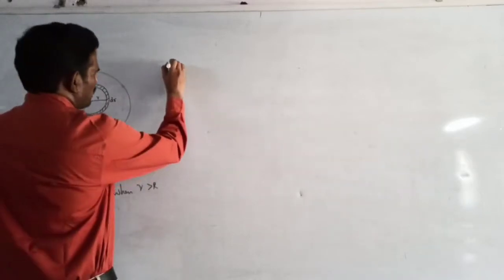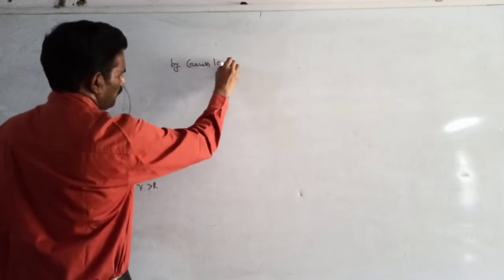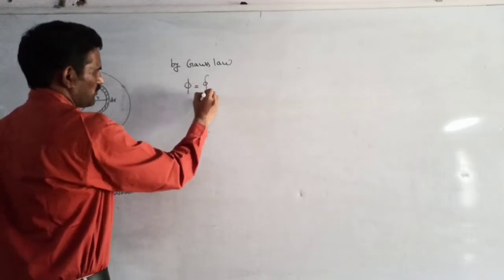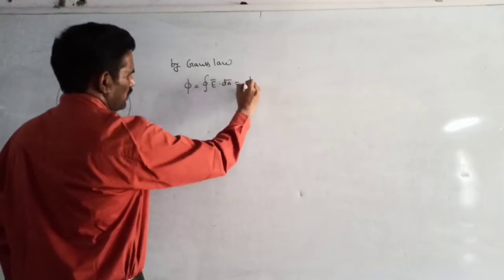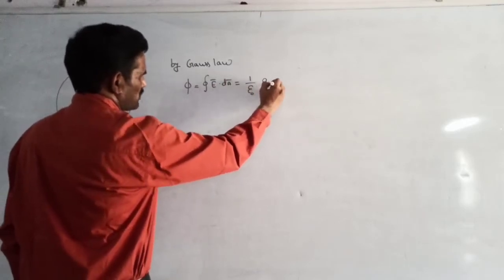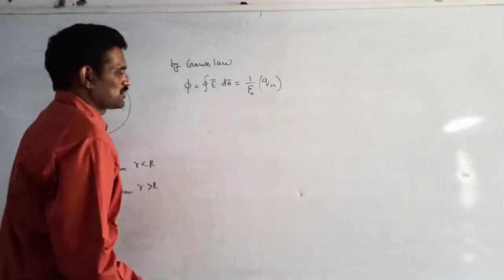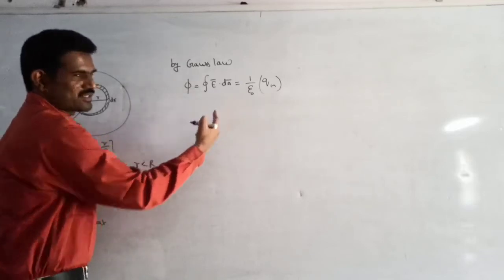Then let us write the Gauss law. By using this Gauss law, we can write flux is equal to the surface integral of E bar dot dA bar is equal to 1 by epsilon naught times charge enclosed. Now first I am doing the left hand side calculation.